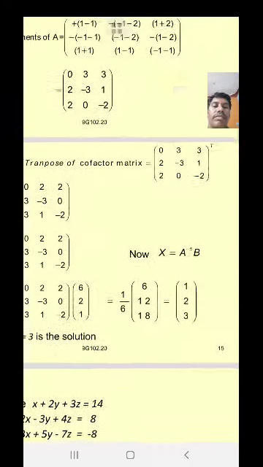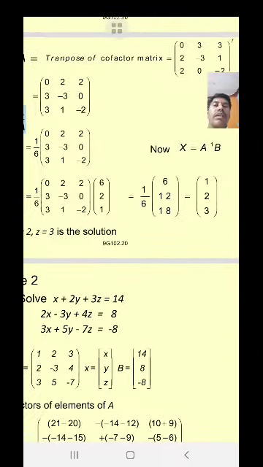Up to A inverse we already know from the previous class, and I explained it once again. Now the new point is from here.